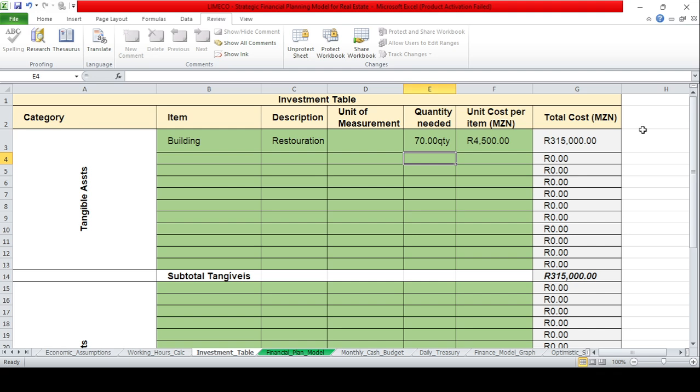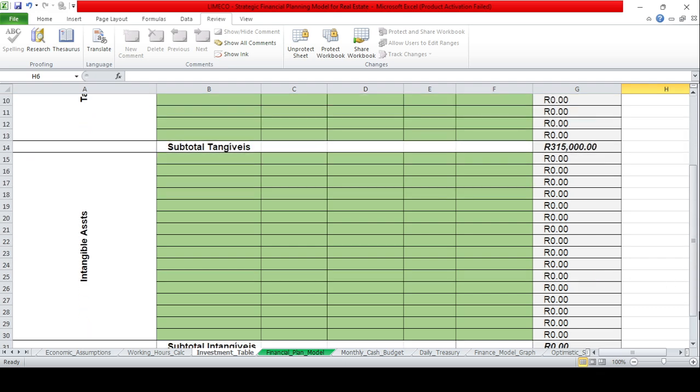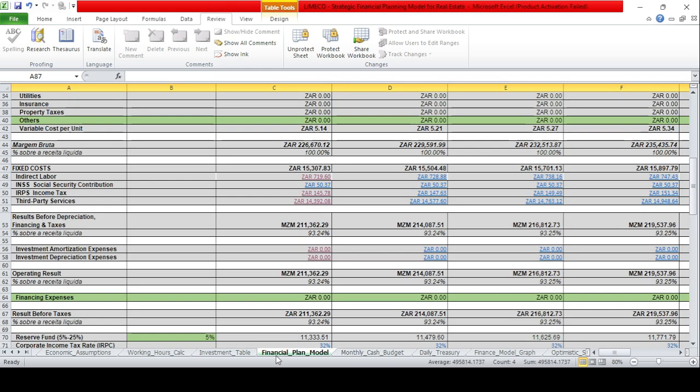Now it's matching. Now it's financial planning.